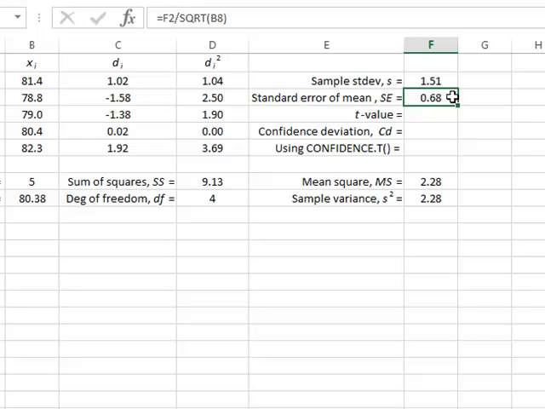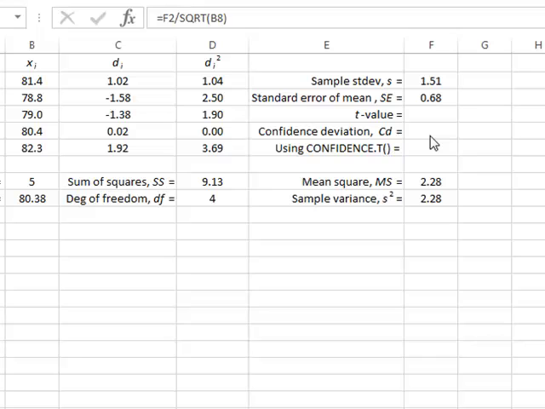Now this value of 0.68 is a measure of the uncertainty when estimating the mean of the population from which this data was derived. So if we were using these sample values to estimate the true mean of the population, we would have the best estimate of 80.38, but an estimate in the error of this value of 0.68.